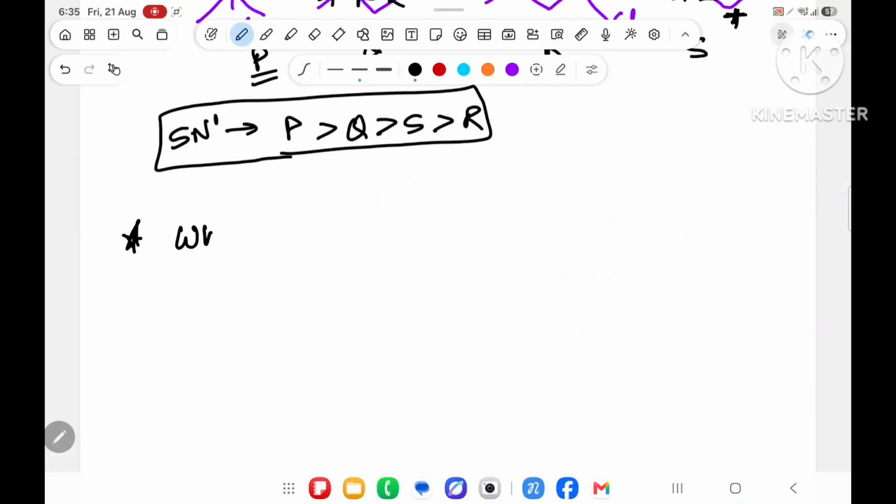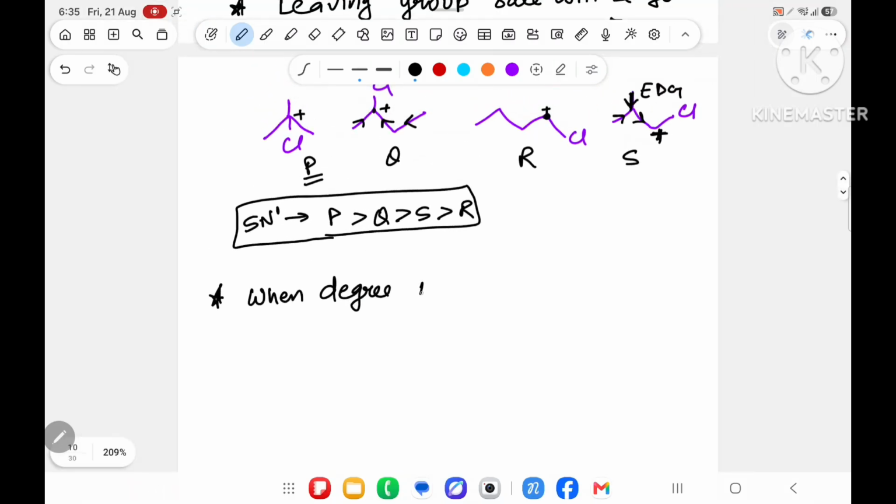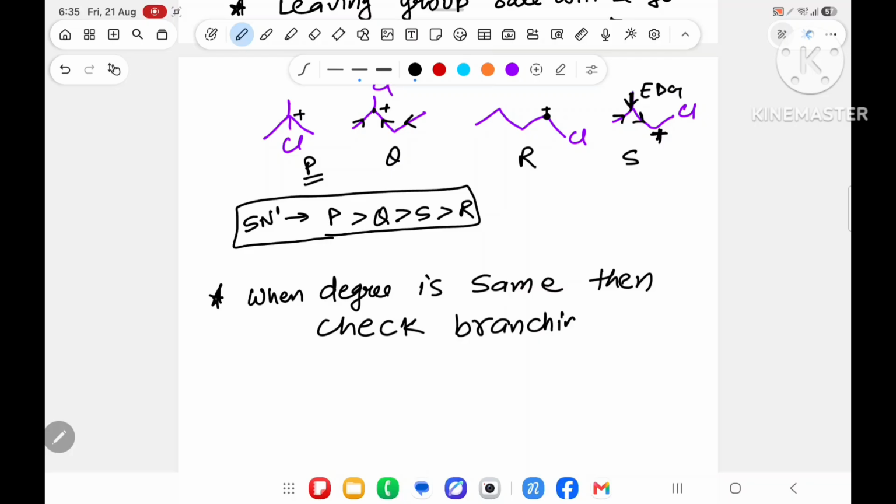Next important point: when the degree is the same, then check branching, and rate is directly proportional to branching. I hope you all understood.